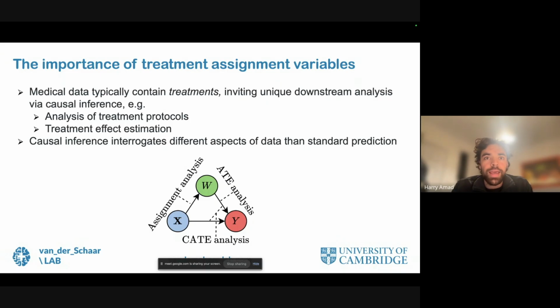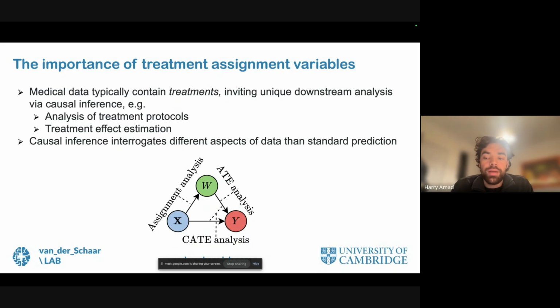If we consider, say, a medical tabular data set of a hospital record book, it would record for each patient some number of covariates, which we describe as X here, which describe the patient, and then some number of treatments which are applied to the patient, and then some number of outcome variables which are used to measure the effect of the treatment according to what the patient's covariates were. So the conditional effect or the average effect or any number of treatment effect analyses.